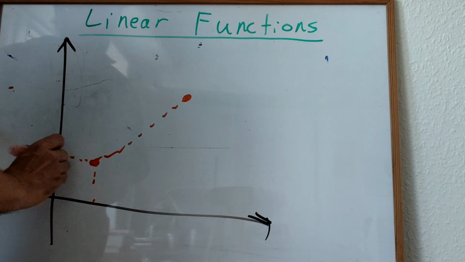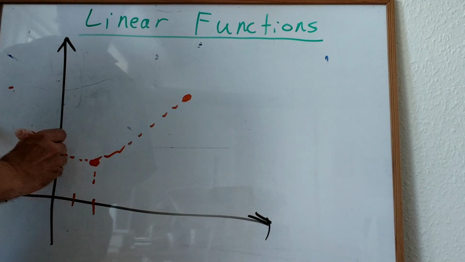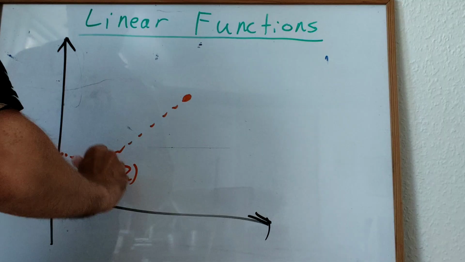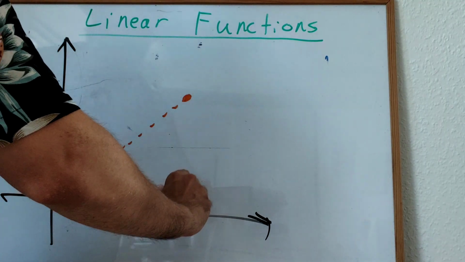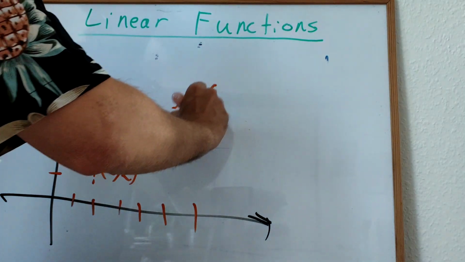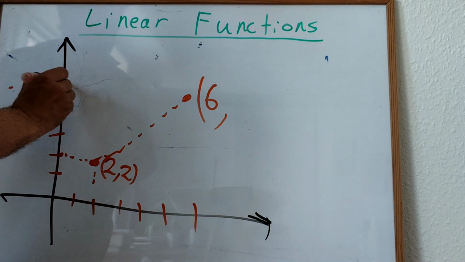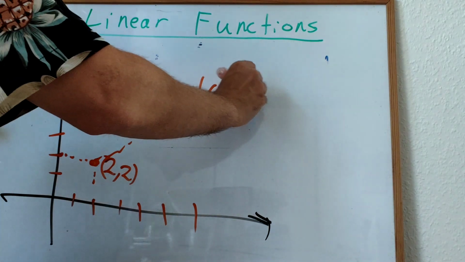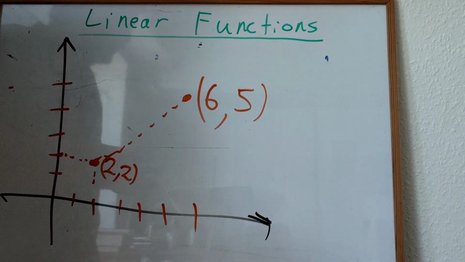I'm going to say this point here looks to me like it might be, maybe this is 2 and 2. Then we would continue, 3, 4, 5, 6 for this one, as its x, and then as its y, let's see, 1, 2, 3, 4, 5, maybe 5. We now have 2 coordinates.